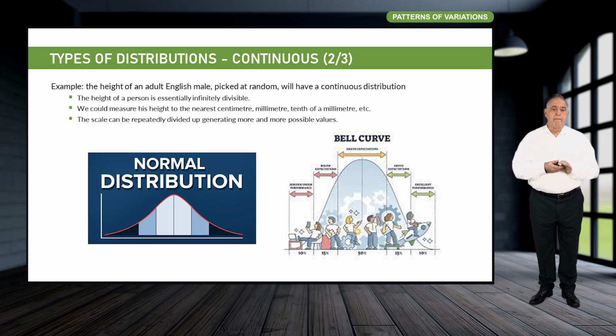We could measure his height to the nearest centimeter, millimeter, tenth of a millimeter, etc. And the scale can be repeatedly divided up, generating more and more possible values.